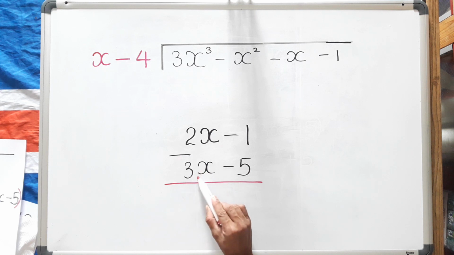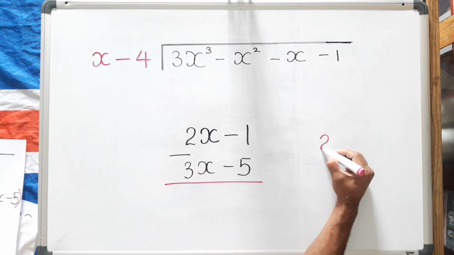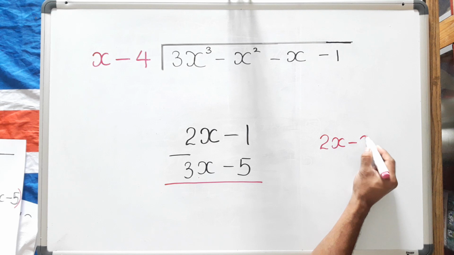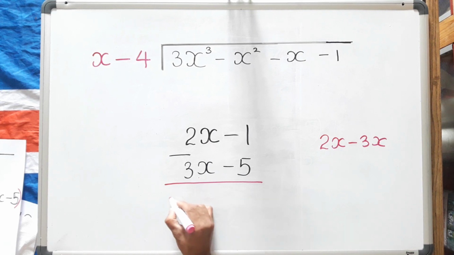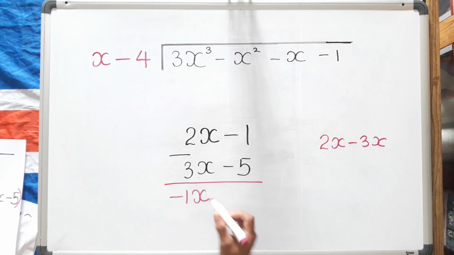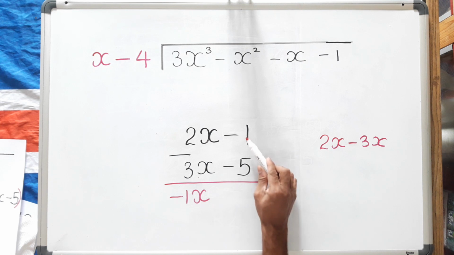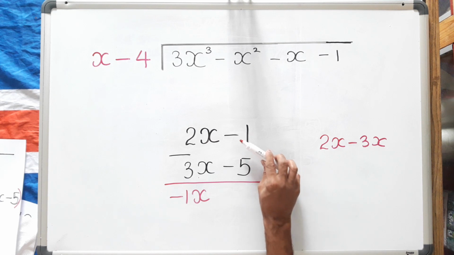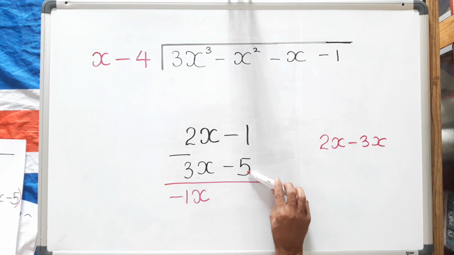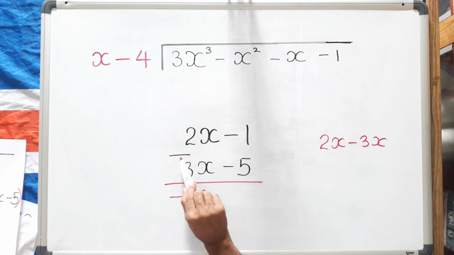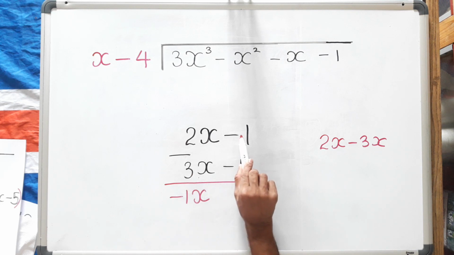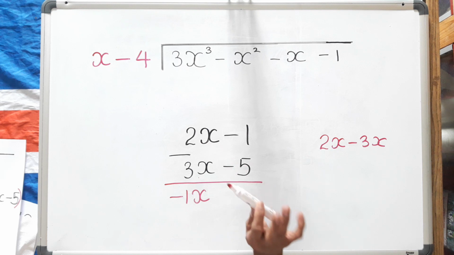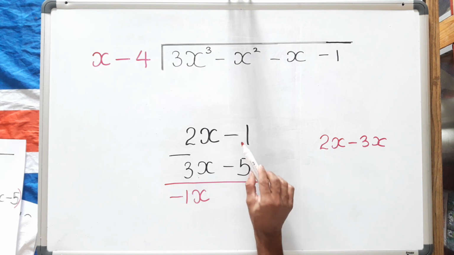2x minus 3x, if you write it like this, will give us minus 1x. Now, we have to say not 1 x, but minus 1. This minus sign belongs to the 1. So you might make the mistake and say minus 1 minus 5. But remember, this minus sign also applies to these two numbers. So this is what you should be seeing in your head.